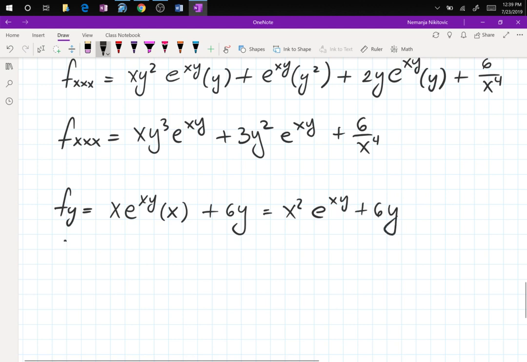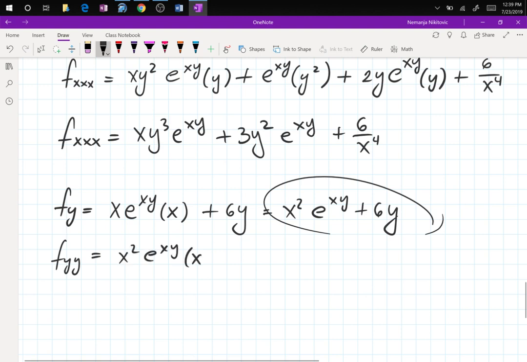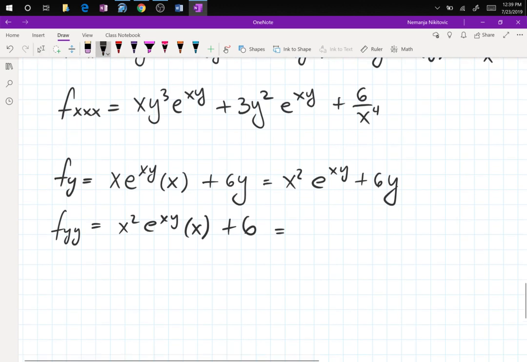And now you have the second derivative, which would be off of this one. And again, no product rule, nothing special going on. So we just have x squared e to the xy times, again, another x plus 6, which is x cubed e to the xy plus 6.